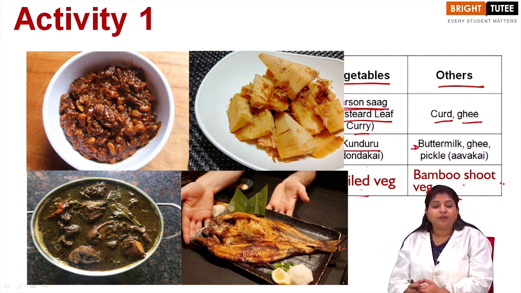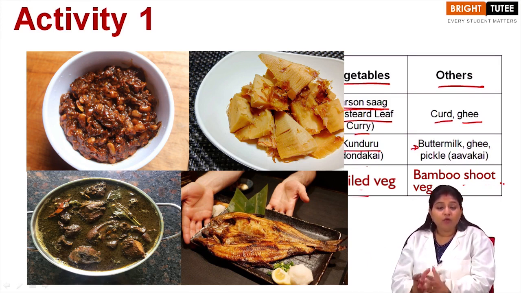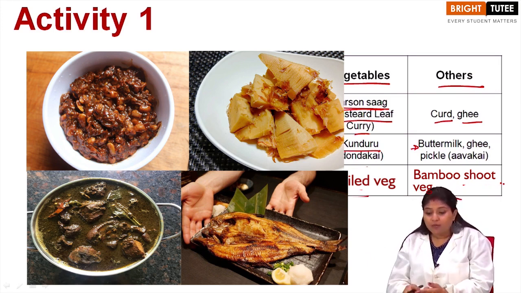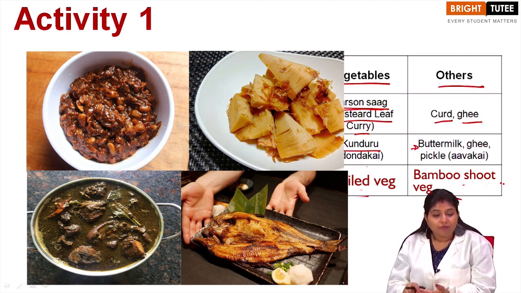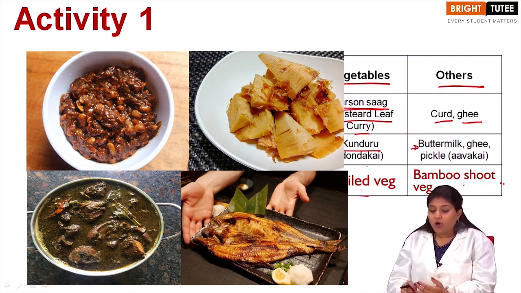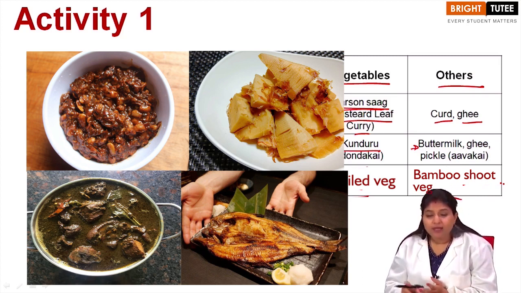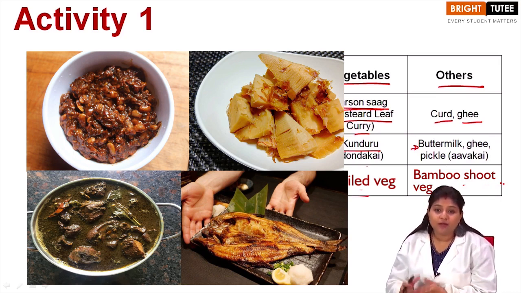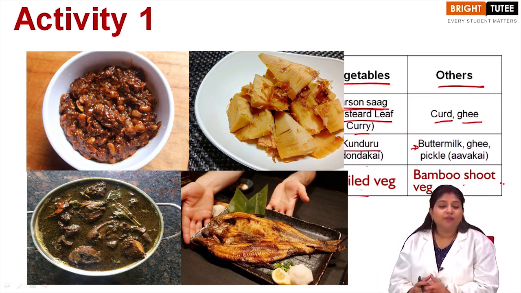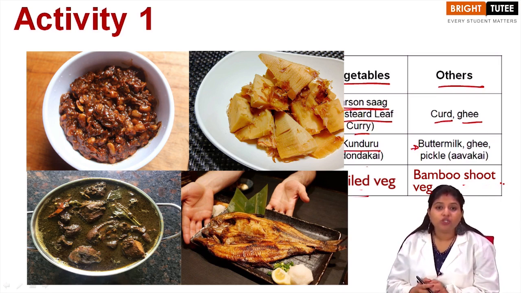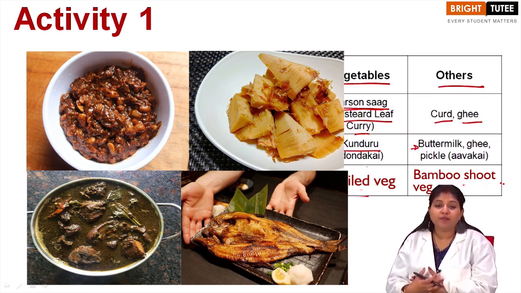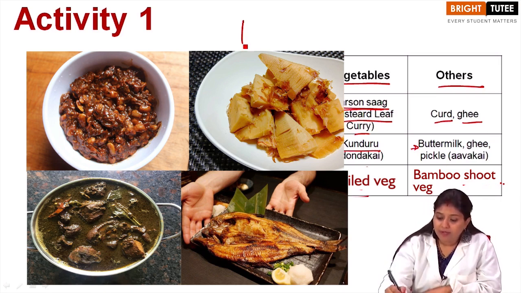Why is it important that a wholesome meal should contain an item of grain, an item of dal or meat, and one item of vegetable and different other things? The reason is that all these things contain different kinds of components which are important for us, which help us in growth, and these components are called nutrients, right?